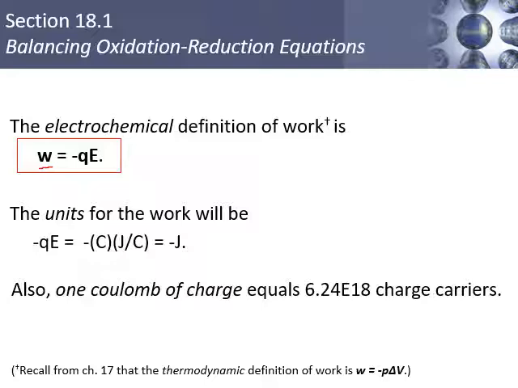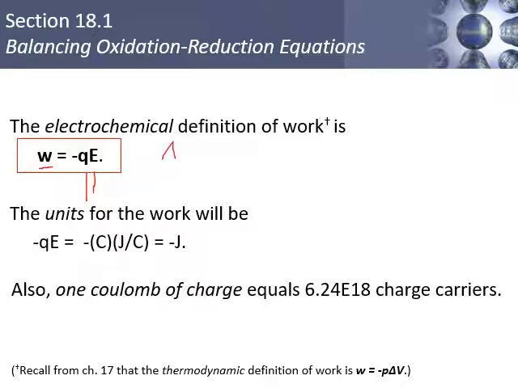Well, we're going to have the same thing here. We're going to have a third definition of work. So in addition to work equals force times distance and work equals minus P delta V, we want a new definition for this chapter. And that definition is going to be that work equals minus the charge times the voltage. We're not going to actually derive this as we did with the one in chapter 19, so you'll just have to remember this one.